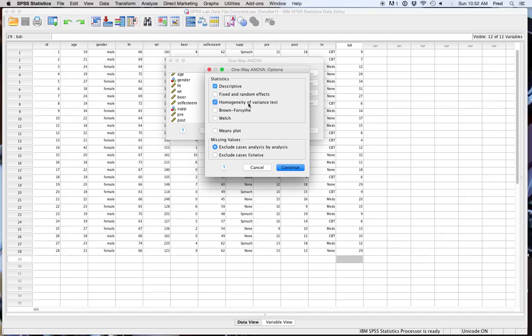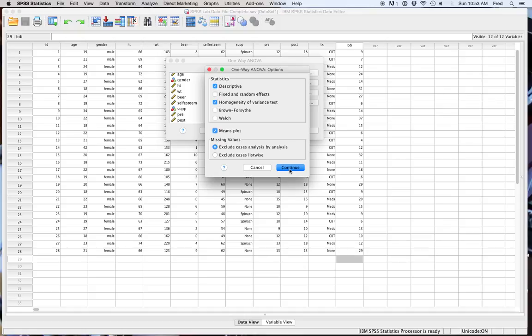And if you remember in lecture, we discussed that the variance of the three groups should be fairly similar in order to calculate a valid ANOVA, and SPSS will run a test to see if we're meeting that assumption. And then lastly, I want it to give me a means plot, and that just means give me a graph of the means side by side so I can visually see what the data look like. So those are the options that I tend to routinely check when I'm conducting a one-way ANOVA.